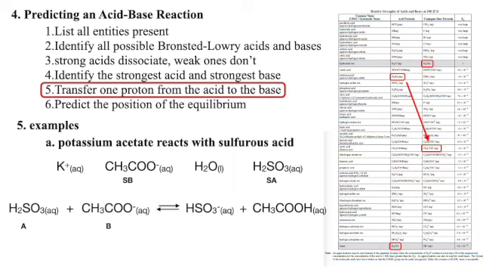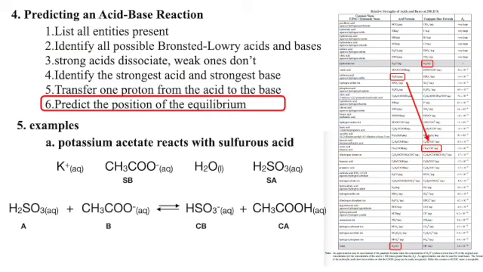The H attaches at the end. You might think it should be CH4COO, but the way we draw these organically, the H attaches onto that O. Okay, and that's my conjugate acid, that's my conjugate base, and because the acid is above the base, products are favored. Okay, that's example A.